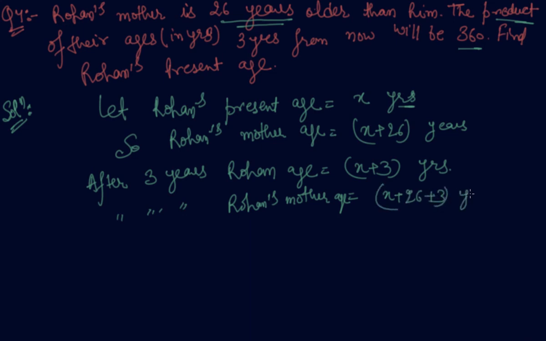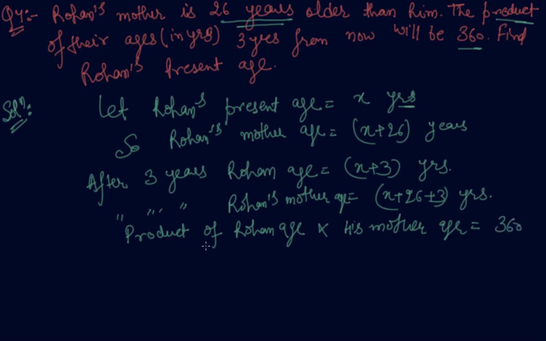Okay, and we are given that the product of Rohan's age into his mother's age is 360. So we can take Rohan's age after 3 years as x plus 3, and Rohan's mother's age after 3 years will be x plus 29. This comes out to be 360.